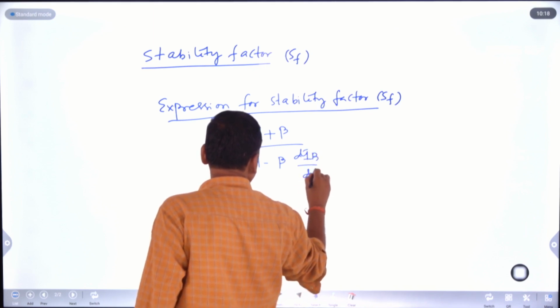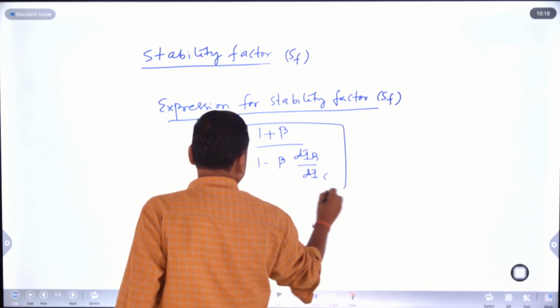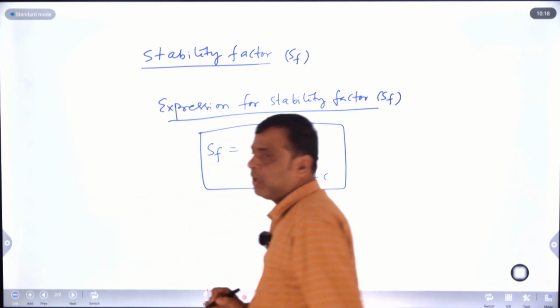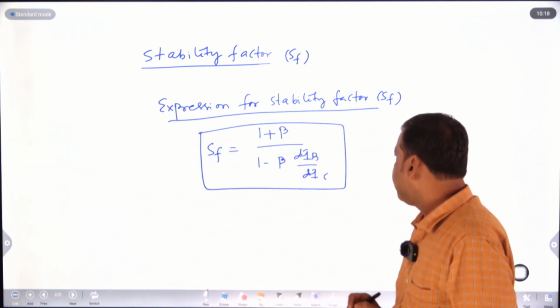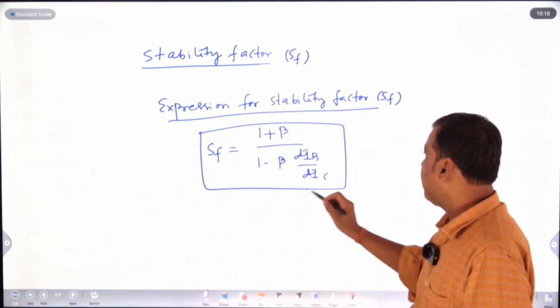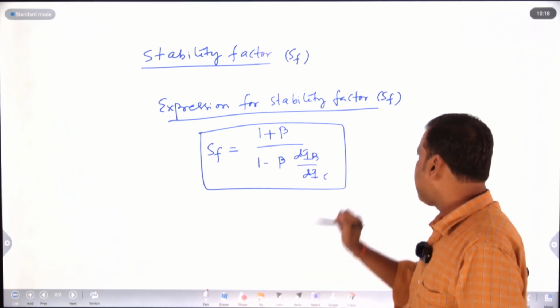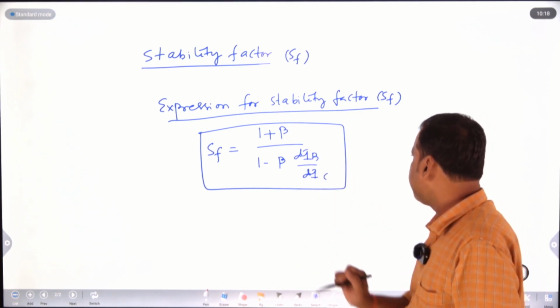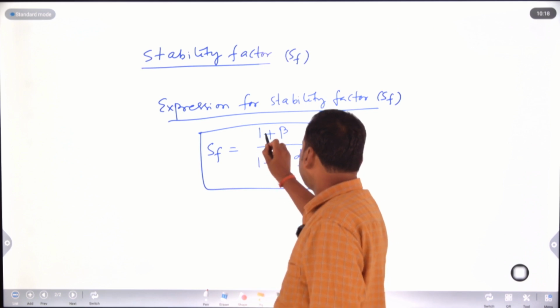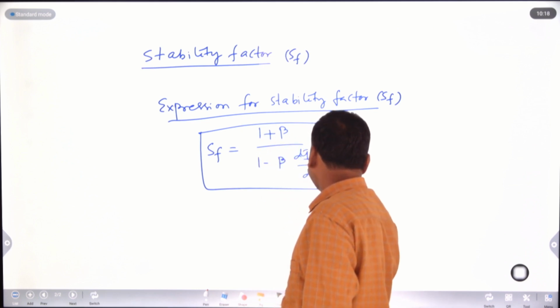This is your general expression for the stability factor. I have already derived this expression for finding the stability factor: SF equal to 1 plus beta divided by 1 minus beta dIB by dIC.